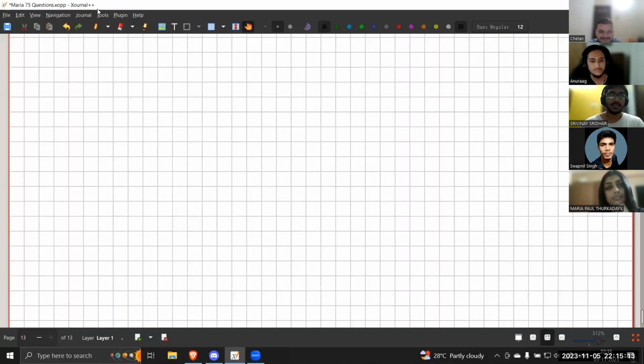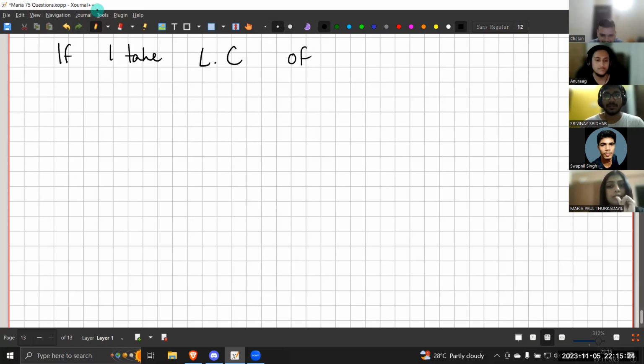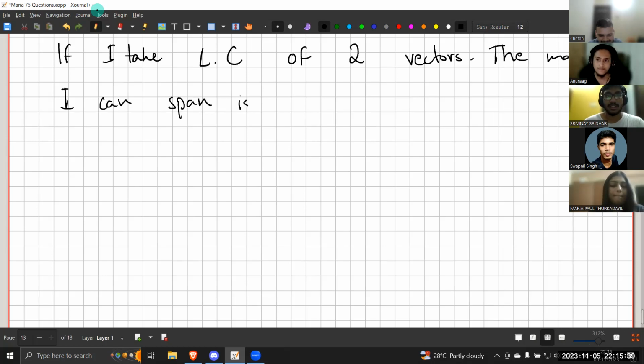So if I take the linear combination of two vectors, the maximum I can span is a plane, right?